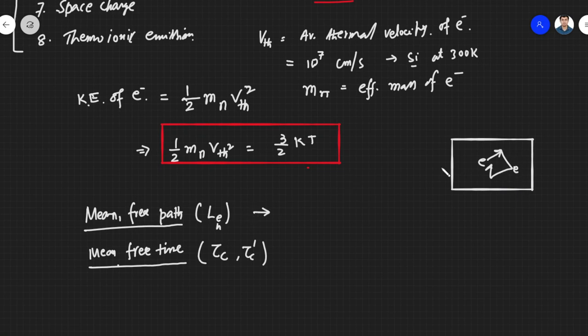So the mean free path is the distance a carrier travels between two successive collisions. Mean is average, so it's the average distance the electron travels between two successive collisions. And the time it takes is called mean free time.